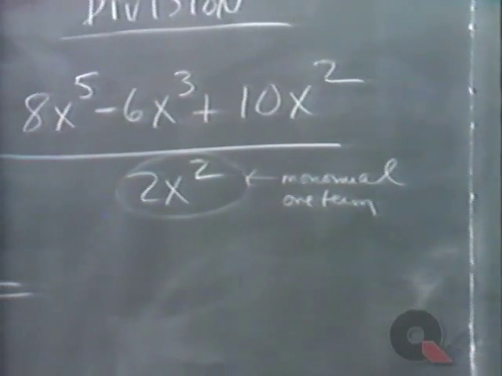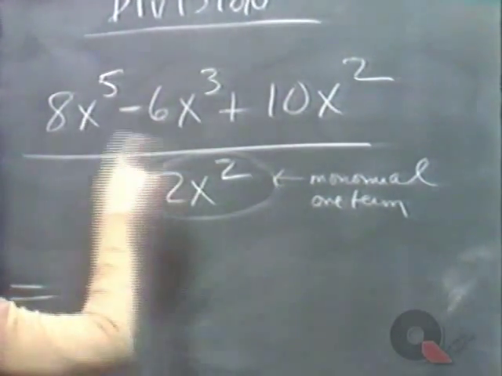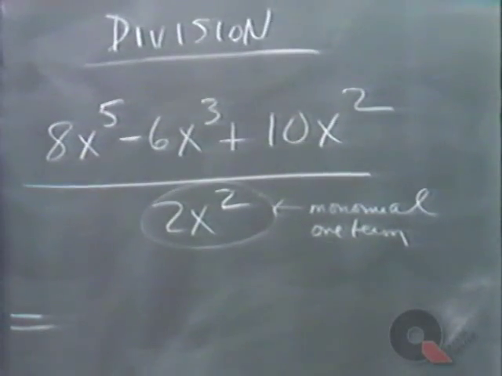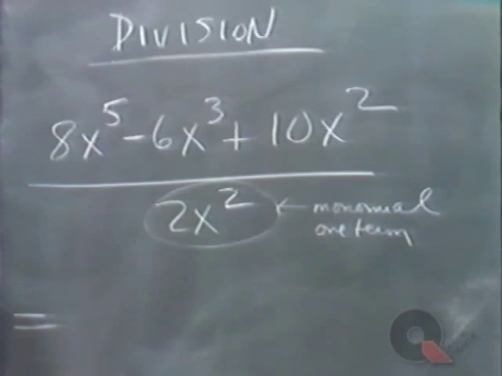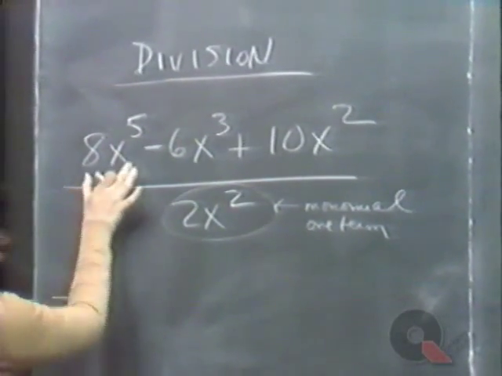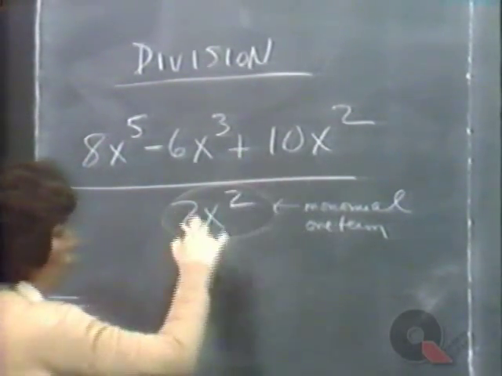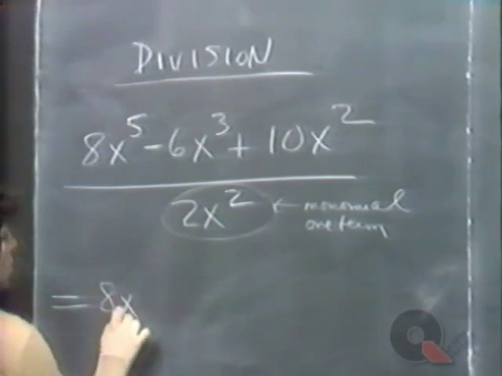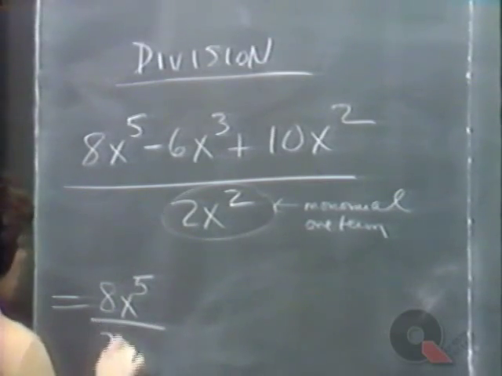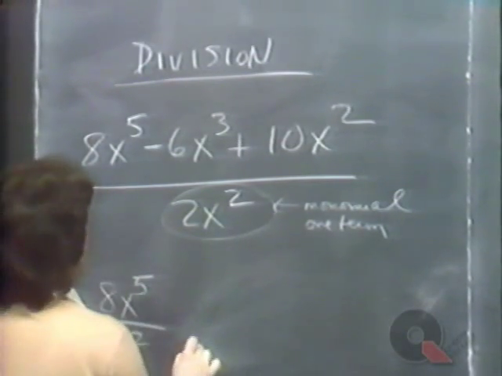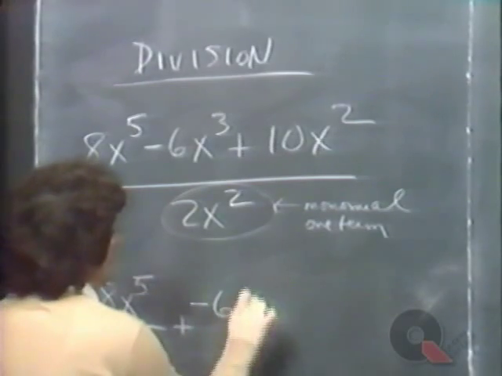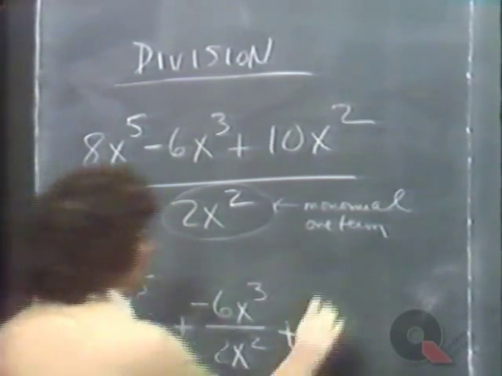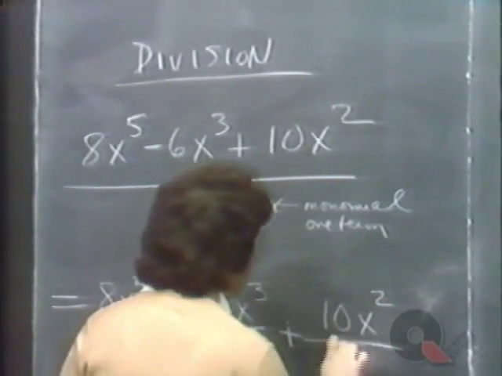First of all, what you do not do is start canceling out 2 into 8 and x squared into x to the 5th or something like that. That's out of the question. What you can do is break it up and put each term in the numerator over the same denominator. We can write this as 8x to the 5th over 2x squared, and then minus 6x cubed over 2x squared, and then 10x squared over 2x squared.